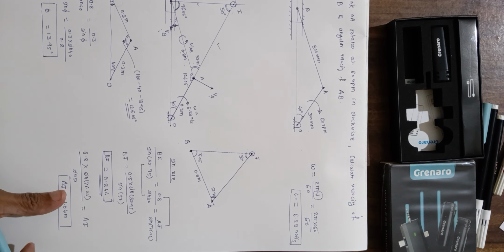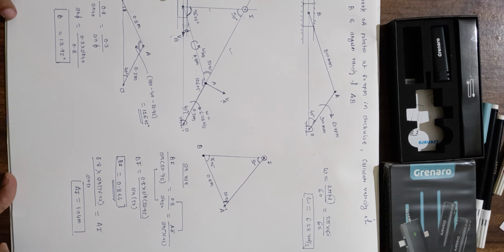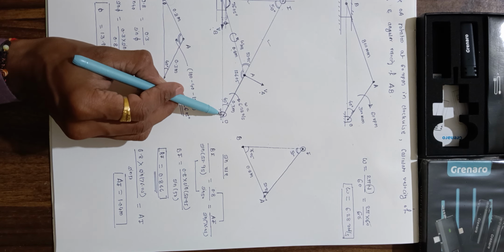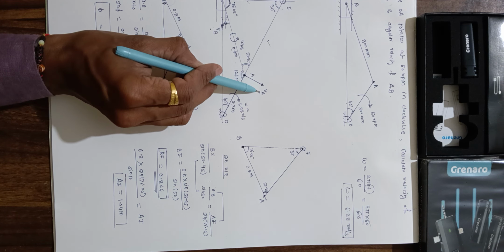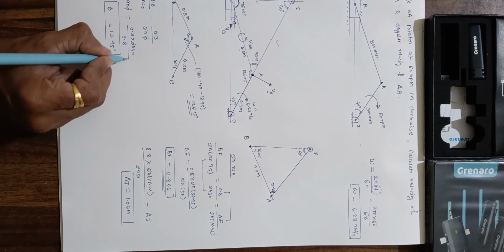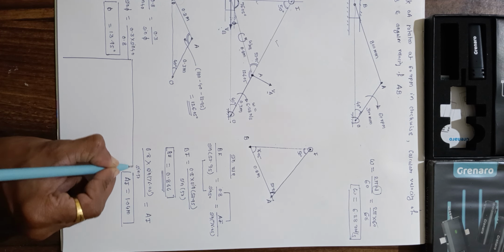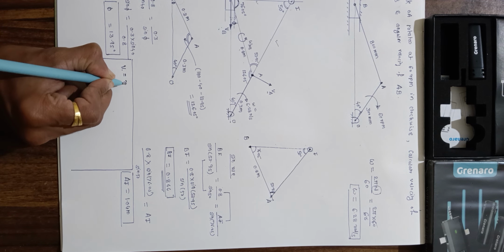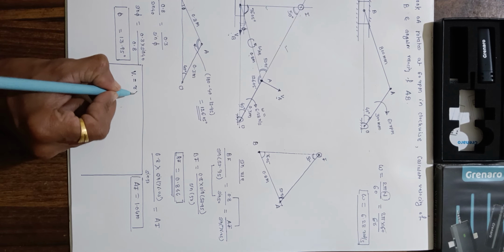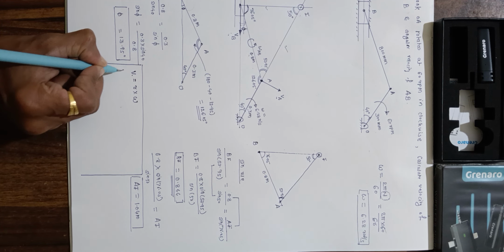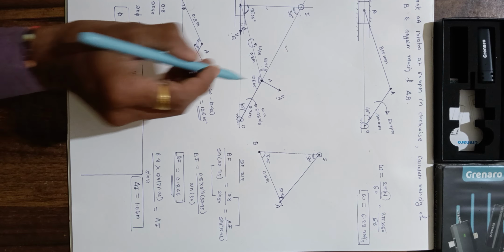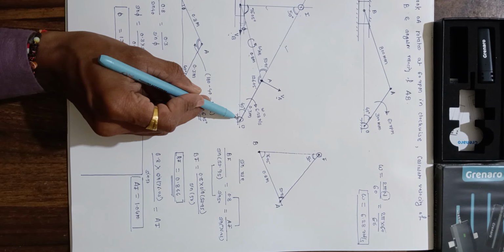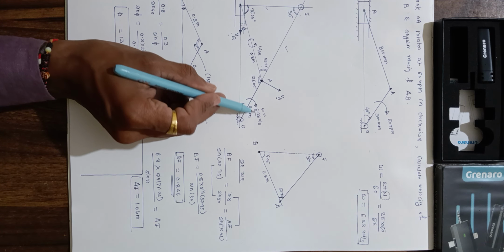Now we can use the basic formula v equal to r omega. Now consider this link OA and find out the VA value. So V equal to R into omega. For velocity A, first consider the point A. It is the part of OA, which is the crank. Crank has angular velocity 6.28.